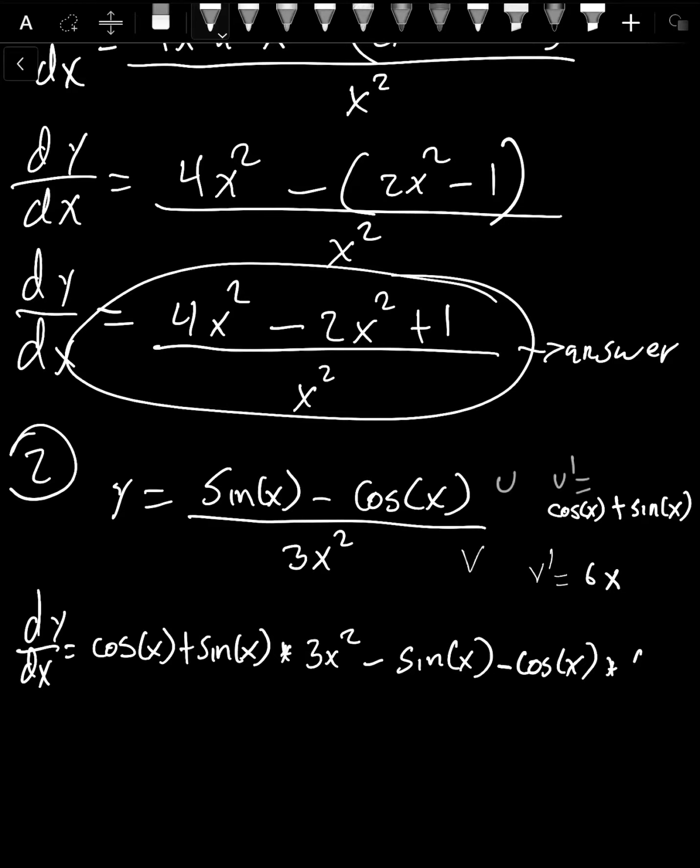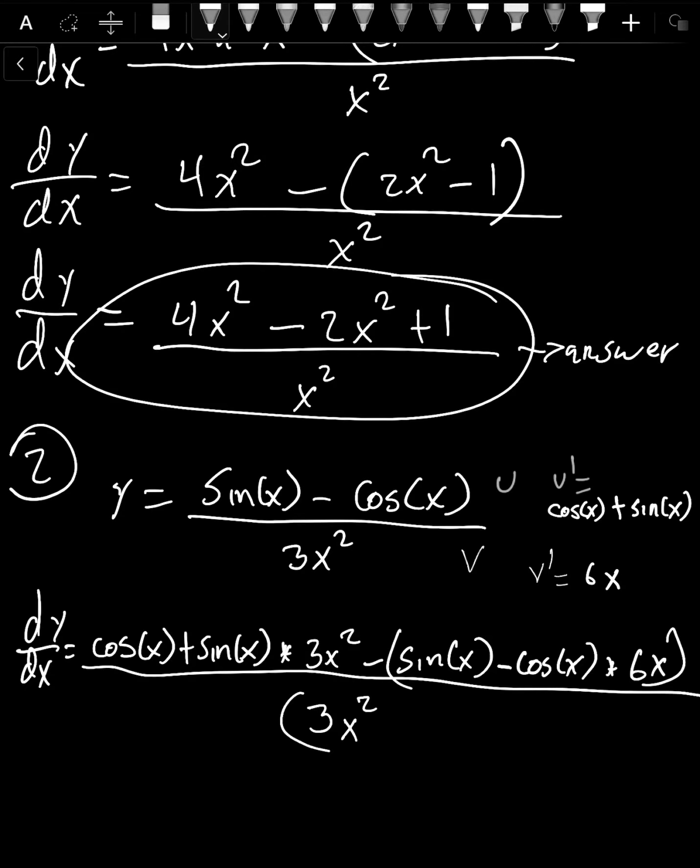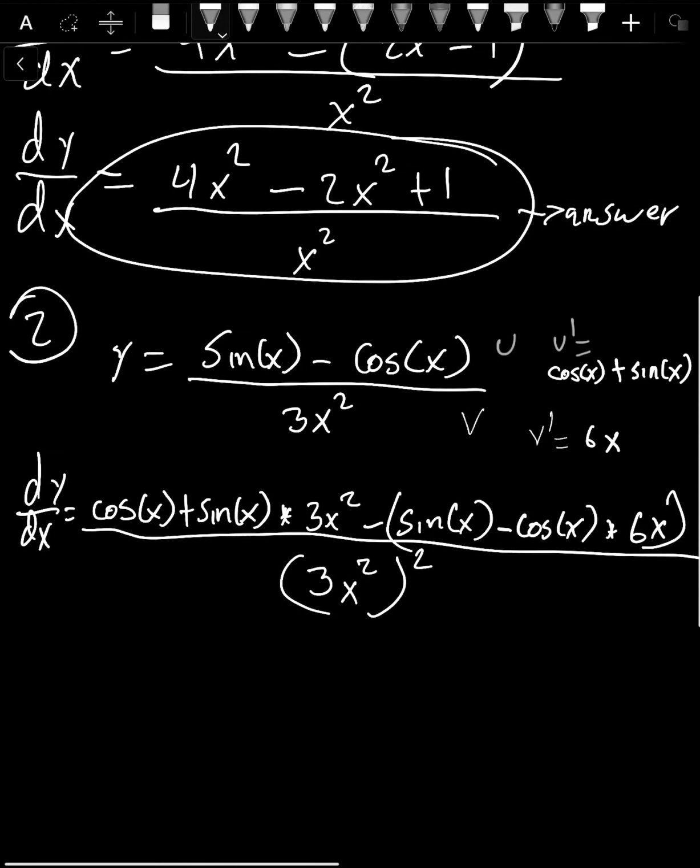Times the derivative of v, which is v prime, which is 6x, right? All these over v squared, which in this case is 3x squared. All right, now we got it. Let's simplify things.